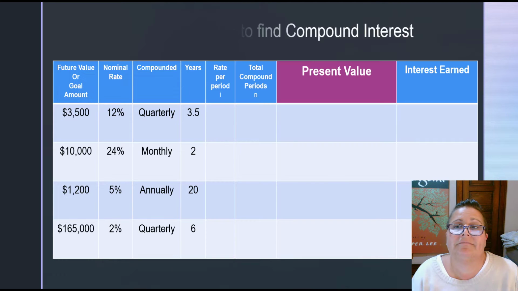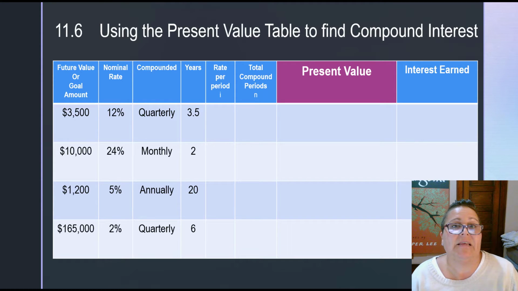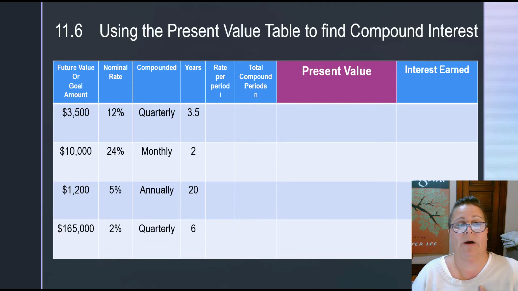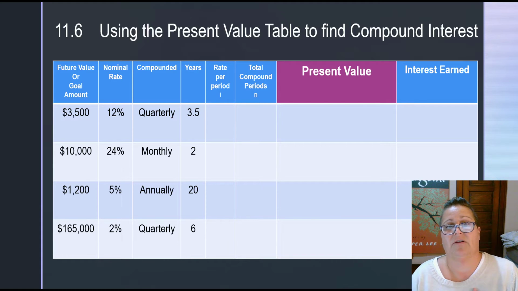All right. I have in this particular slide just a practice, because I know that this is a fairly straightforward concept, but you need to be able to practice it. So we're looking at a goal amount of $3,500 in this case at a 12% interest rate compounded quarterly for 3.5 years.